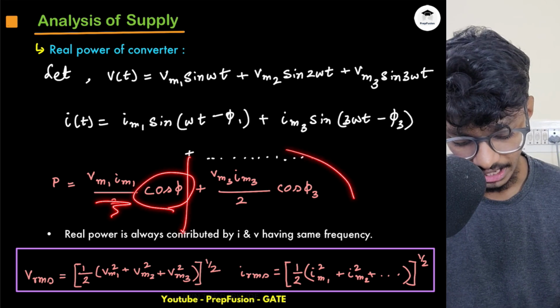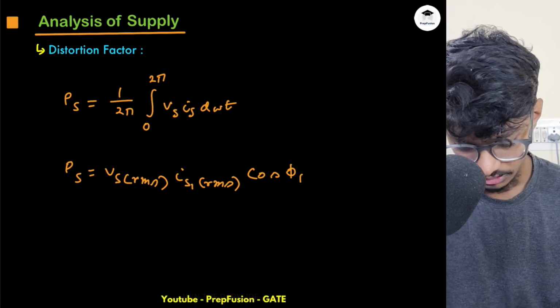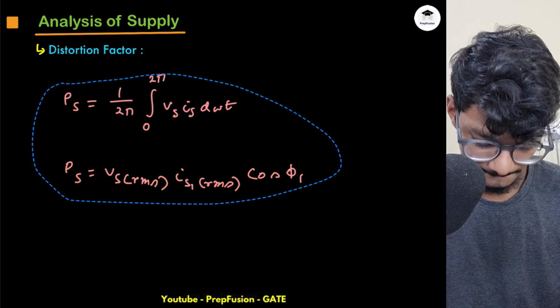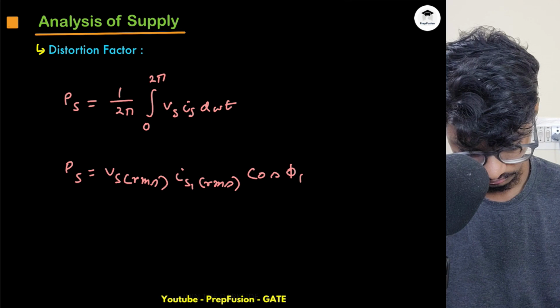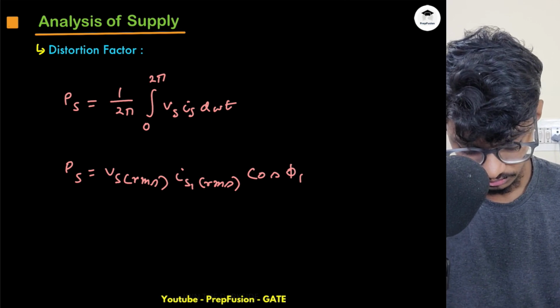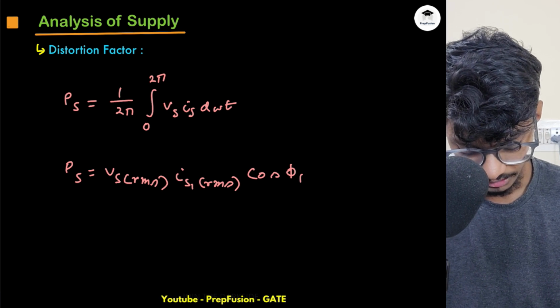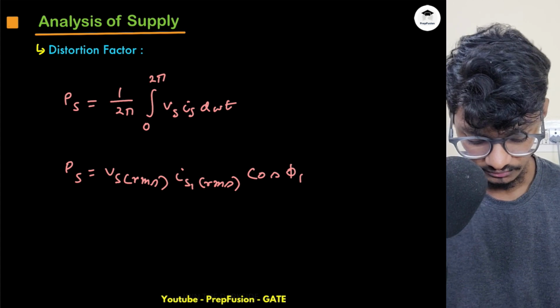This will be the component, because I don't have a 3 omega frequency over here. So what I will get is basically VS1 IS1 cos phi 1.